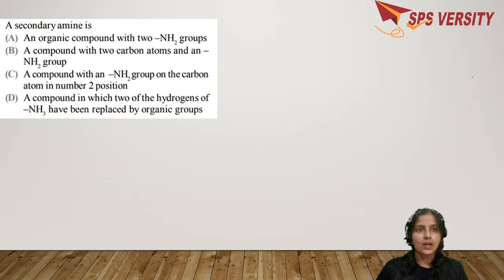The secondary amine: what do you mean by a secondary amine? An organic compound with the two NH2 groups. What do you call that? If there are two NH2 groups, you call it a diamine, right? A compound with two carbon atoms and one NH2 group can be called a primary amine.